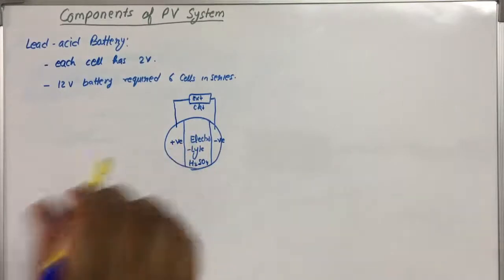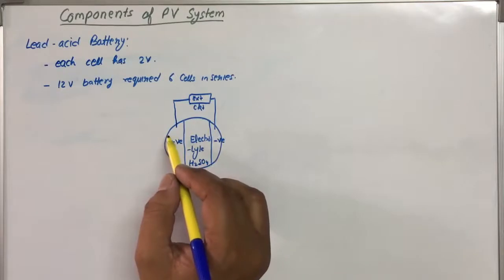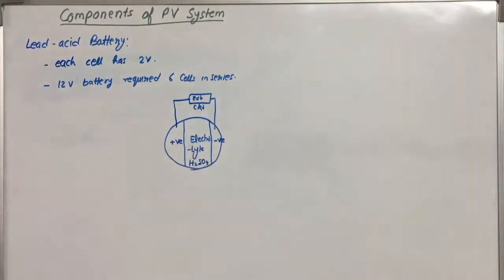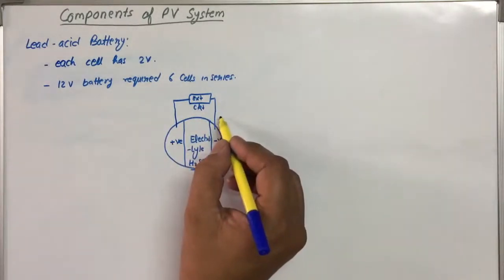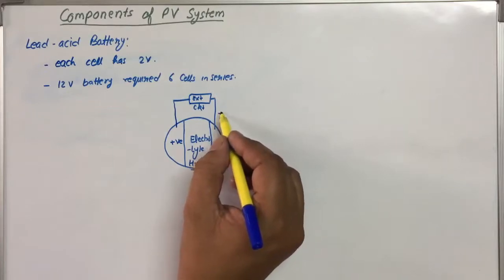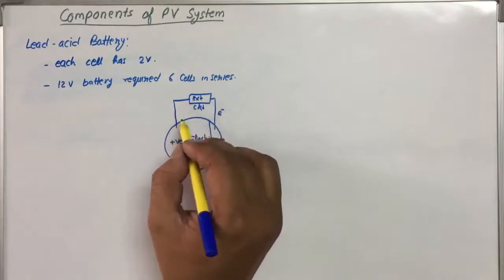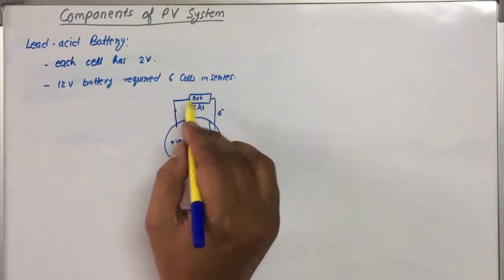into the electrolyte solution. These electrodes provide sufficient surface area to help in the chemical reaction, and when electricity is drawn, electrons flow from the negative to the positive electrode through the external circuit.